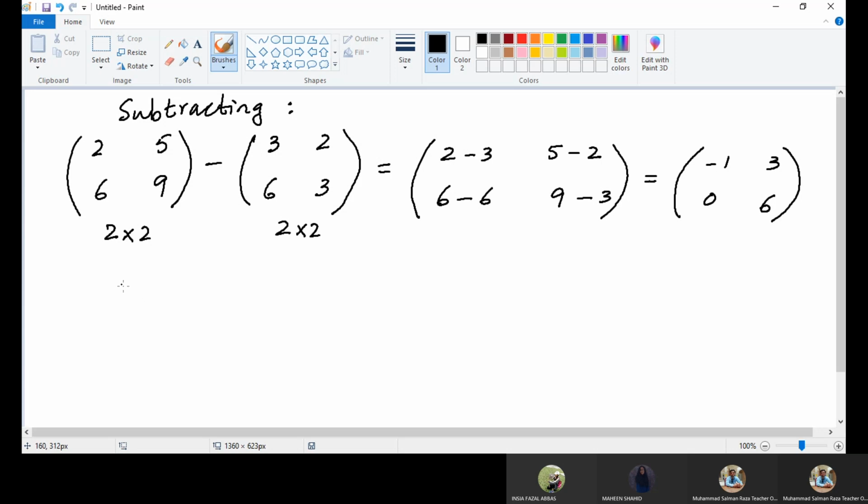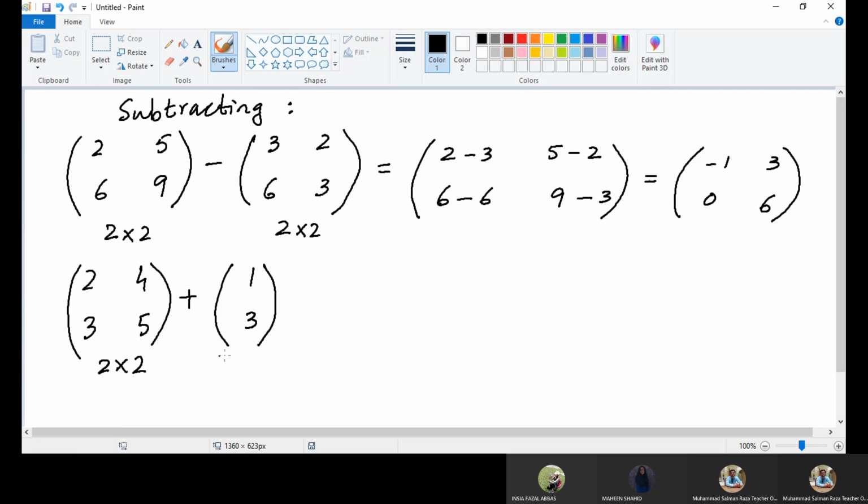What if the question is like this, that 2, 3, 4, 5 is mentioned over here, and over here it says 1 and 3 and the bracket is closed. Then can we add them? The first bears an order of 2 by 2, where the second bears an order of 2 by 1.